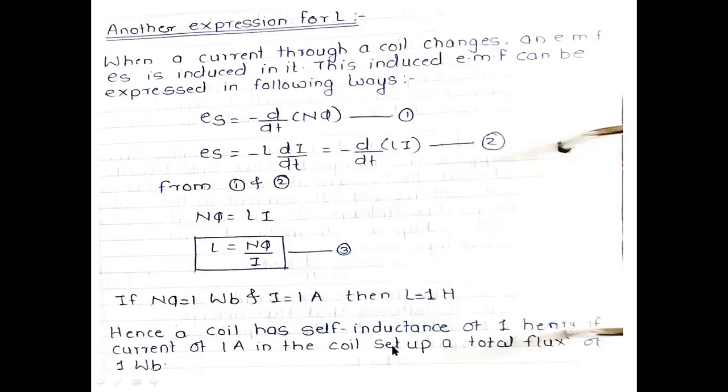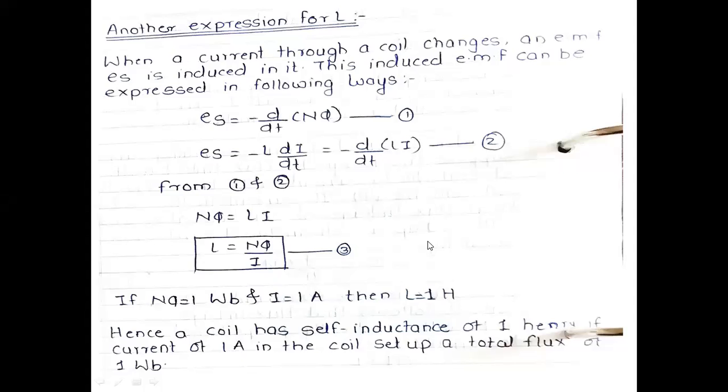Hence a coil has self inductance of 1 Henry if a current of 1 ampere in the coil sets up a total flux of 1 Weber.